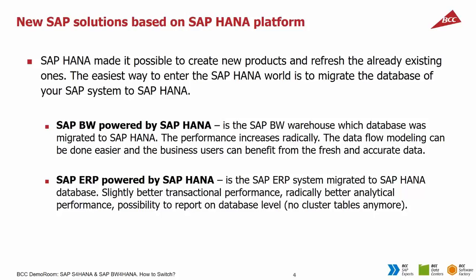These are just the BW data warehouse migrated to SAP HANA database and the SAP ERP system migrated to SAP HANA database. So in fact, these are not entirely new products, but products migrated to the new database. But since the database is entirely different, the products are changed as well.